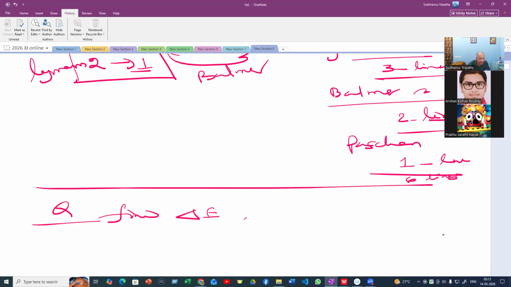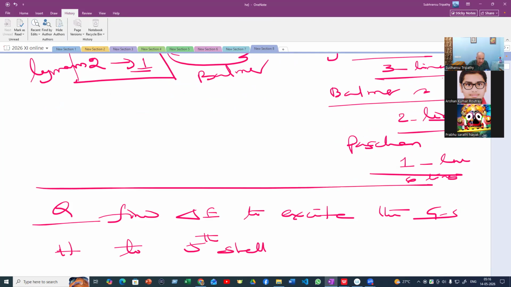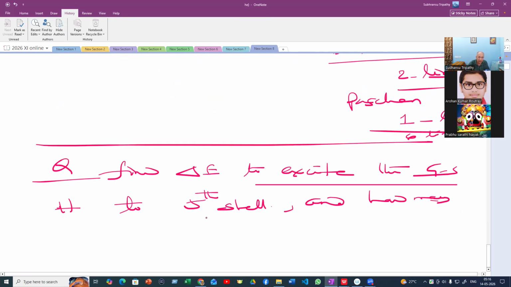Find delta E to excite the ground state hydrogen to the 5th shell, or the 4th excited state, and how many spectral lines. Spectral lines means the hydrogen spectrum, meaning the emission spectrum.